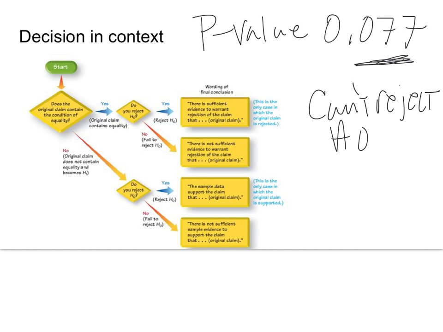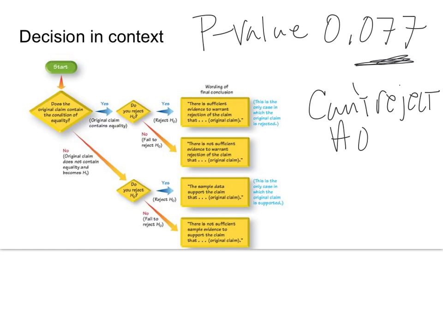So since the original claim that the company was making did not contain inequality, did we reject H0? No. We say there's not sufficient sample evidence to support the claim that the mean wait time is 8 minutes or less.